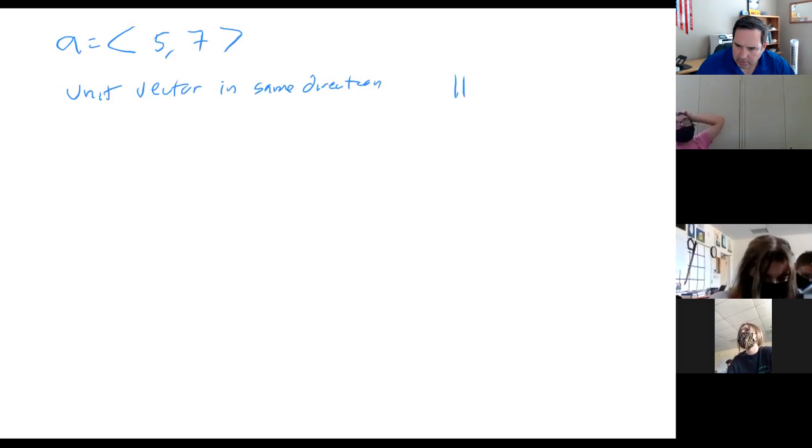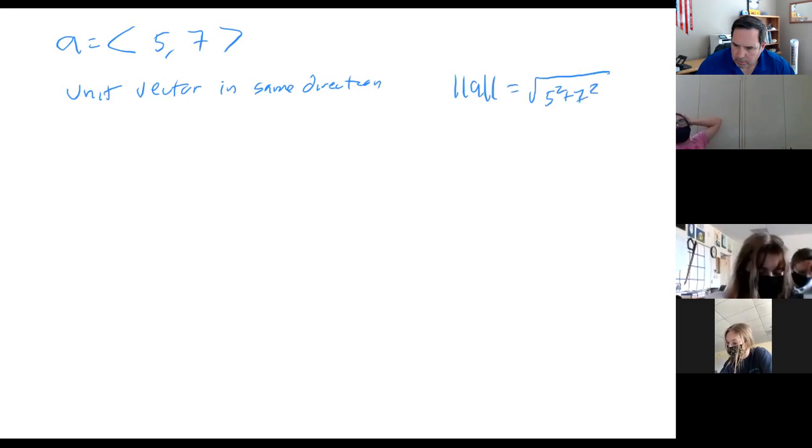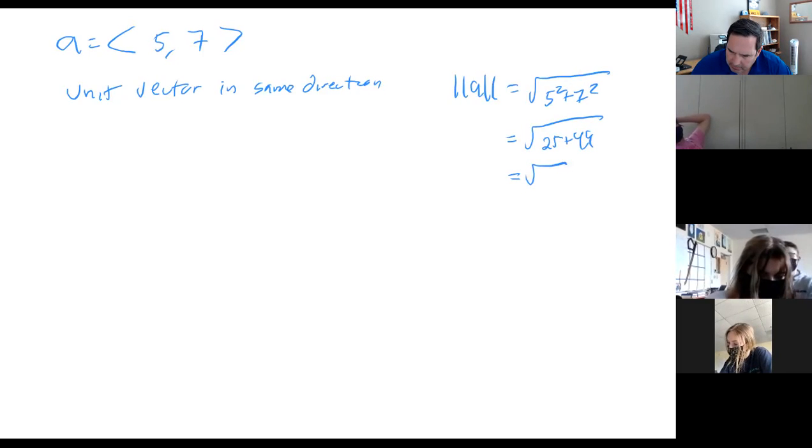So what's the magnitude of A? That's the square root of 5 squared plus 7 squared, the square root of 25 plus 49, or the square root of 74. So that's the magnitude of A.